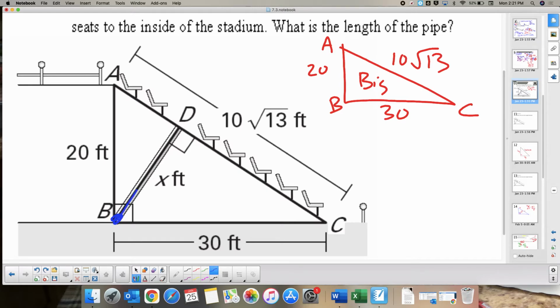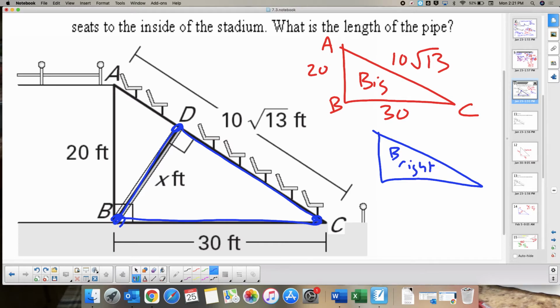Let's do our bottom right triangle. We're going to spin it around so that we make it look just like our big triangle. Our right angle now is D. The 3 points we had to choose from were B, D, and C. As I said, we already used D. That was our right angle.